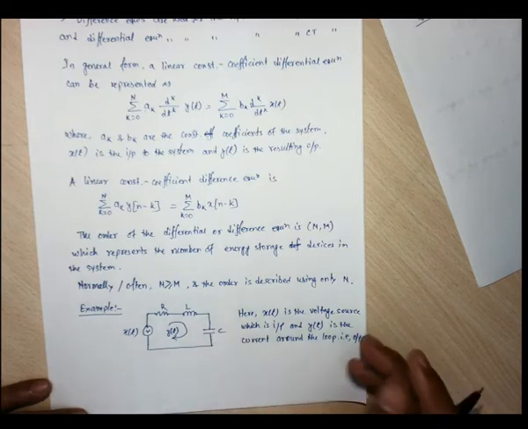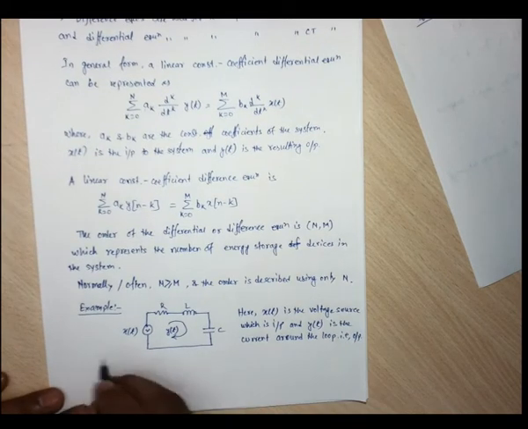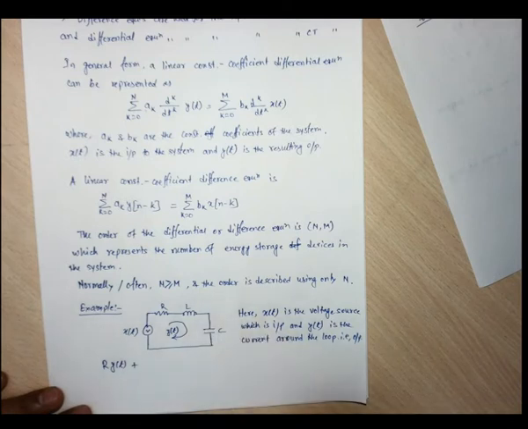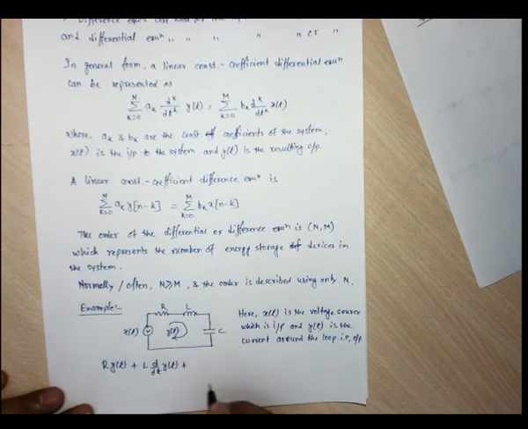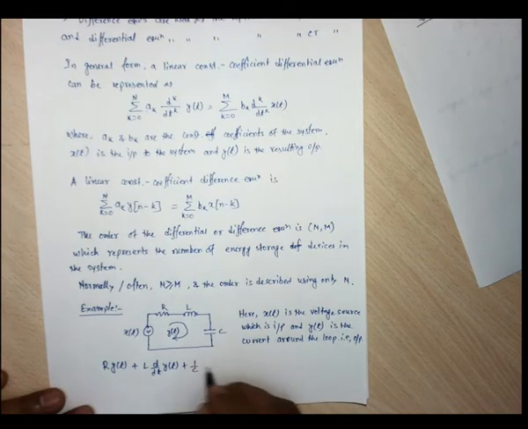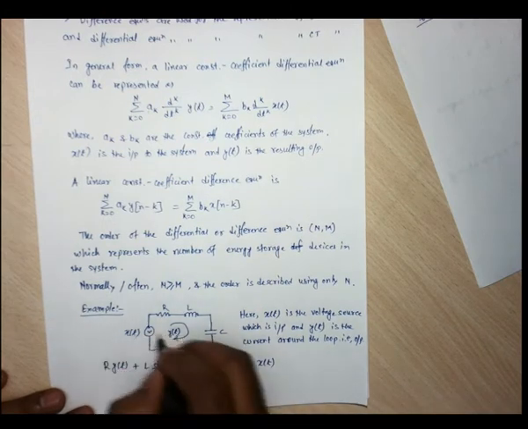So if we take the summation of all the voltage drops, then what can we write? R y(t) plus the voltage drop across the inductor, L di/dt. And the voltage drop in the capacitor is the integration of this current, 1/C integral from minus infinity to t of y(tau) d tau, which equals the input voltage x(t).